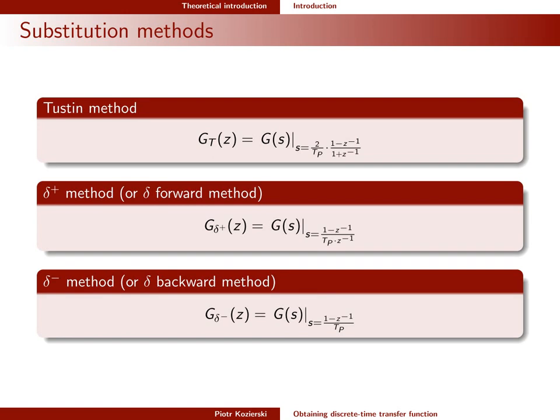The next three methods belong to the easiest group of methods, in which the only thing you need to do is substitute the appropriate formula. In each method, we substitute a different formula for the variable s, so the obtained discrete time transfer function will also be different.